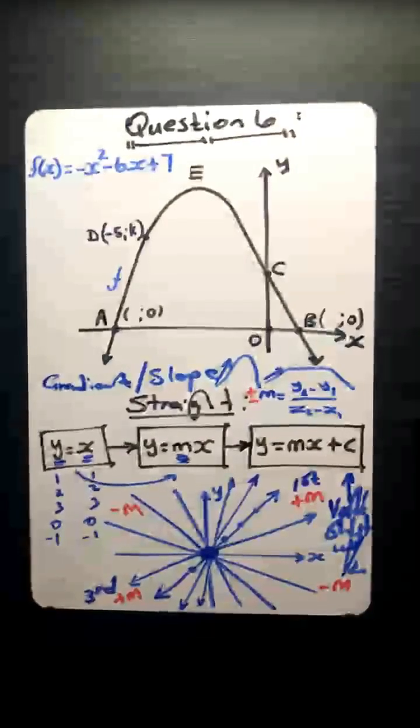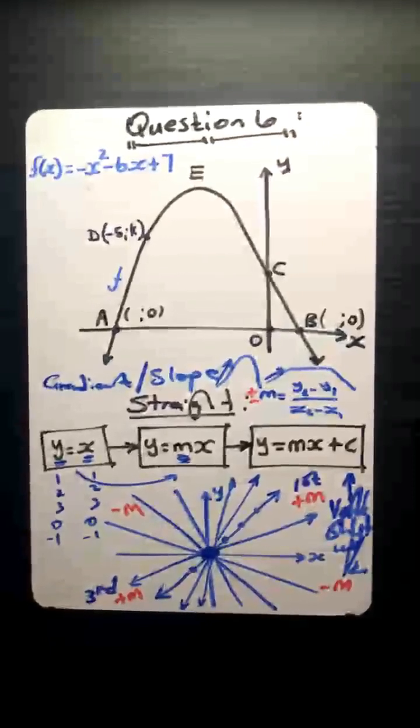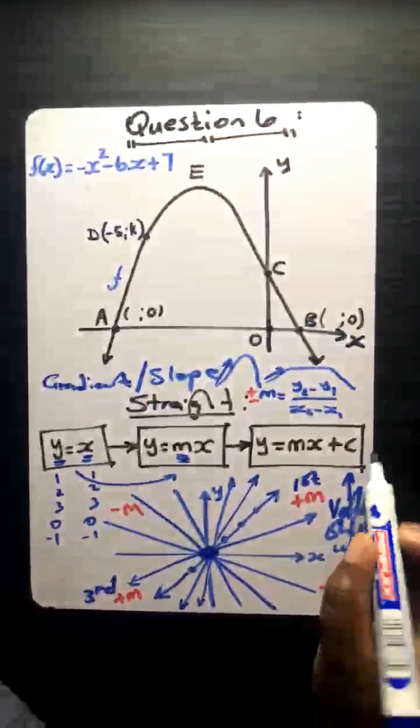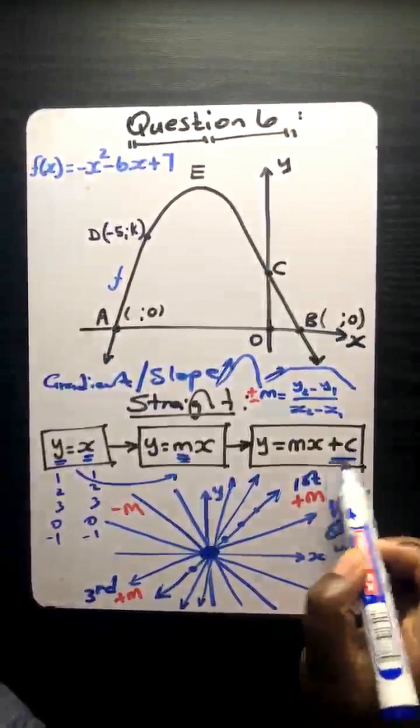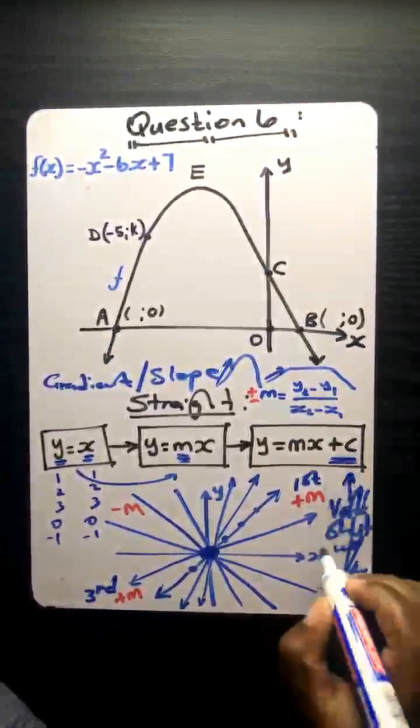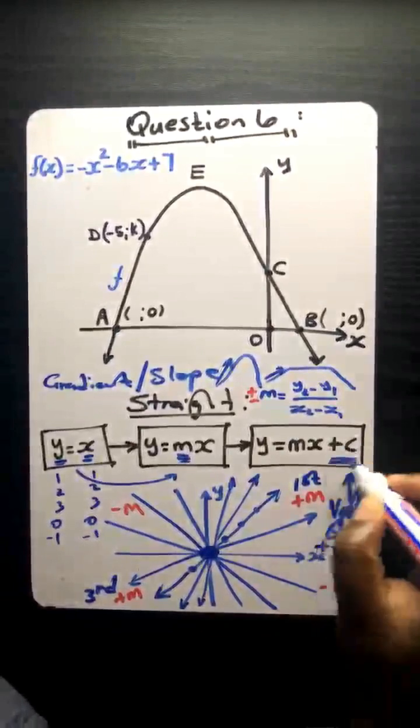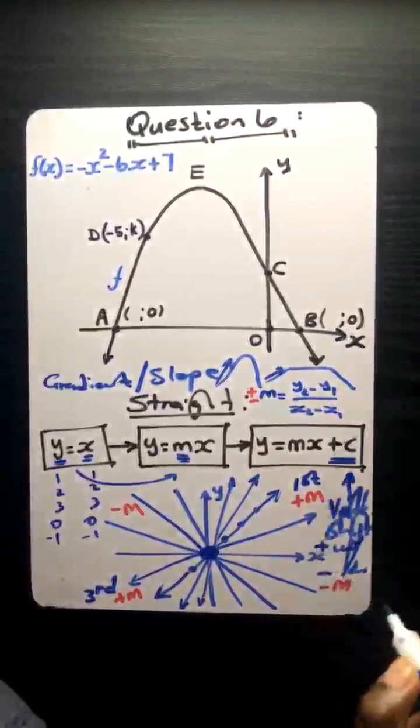Amanda, I'm telling you, honorable member, at all times when you see the c being positive, it means it has shifted upwards. When you see your c of a straight line being negative, just know it has shifted downwards.